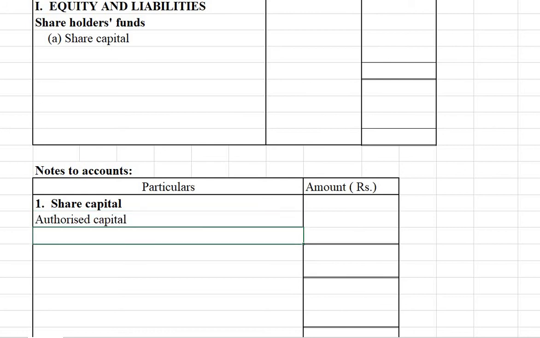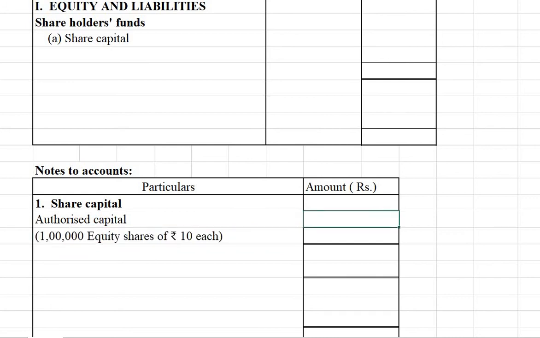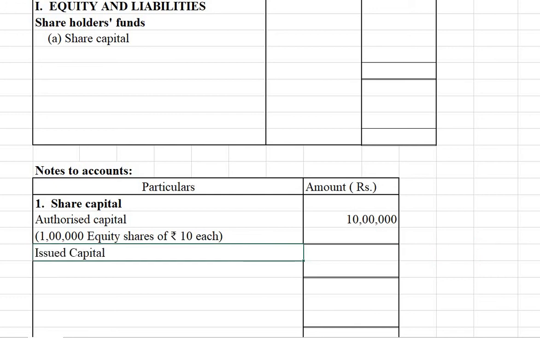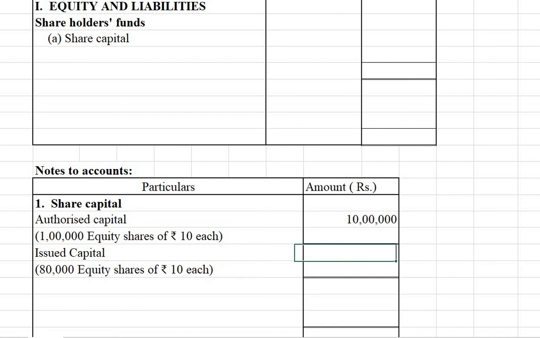Authorized capital is how much? 1 lakh equity shares of rupees 10 each. 10 lakh. Okay. Since that has no influence here, that will be closed. Then we will write issued capital. How much is issued? 80,000 equity shares of rupees 10 each. So 8 lakh. Okay. Then that also can be closed.